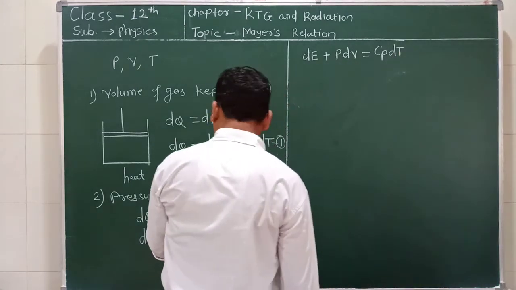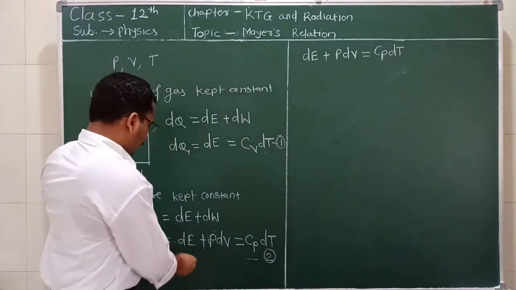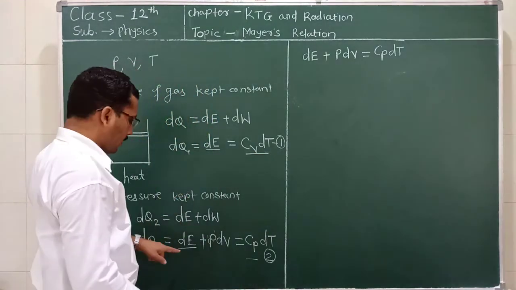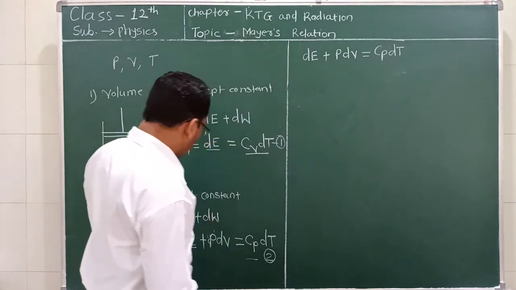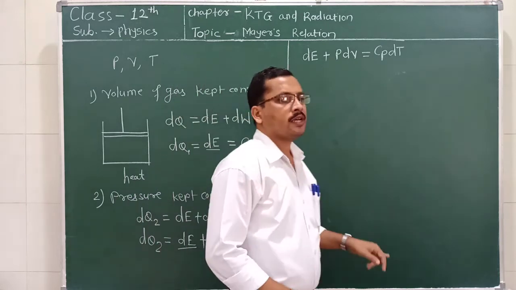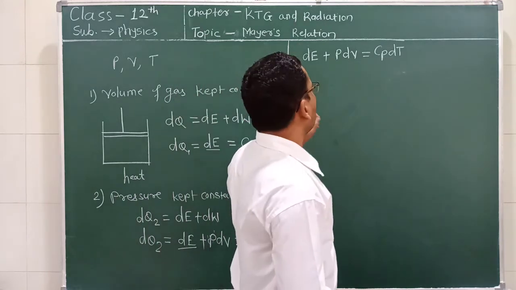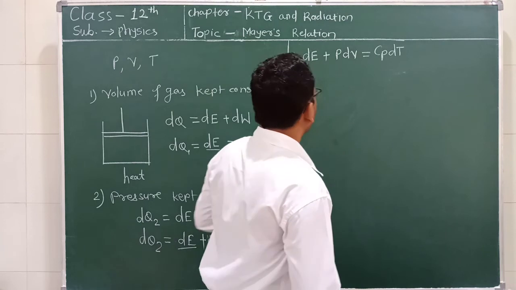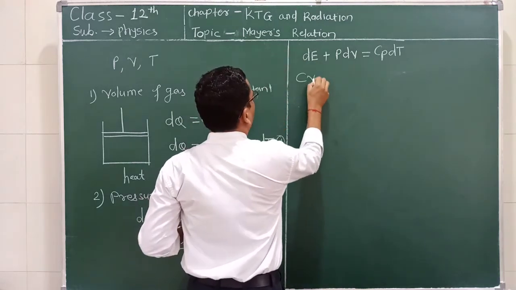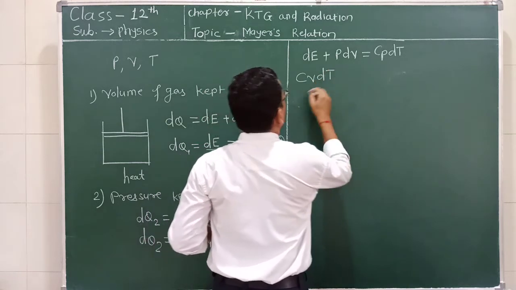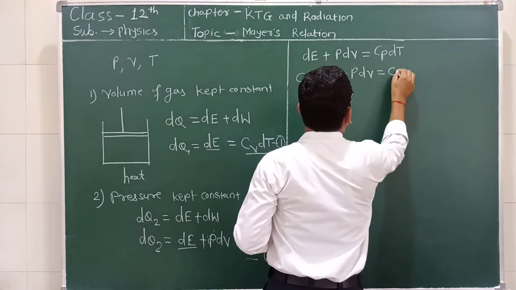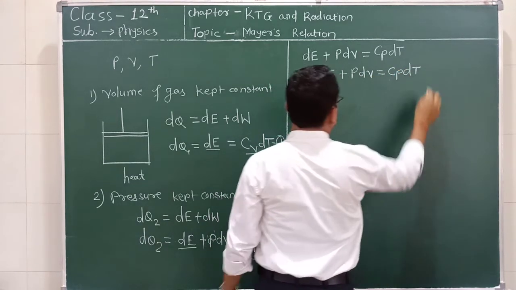Now we see that dE is equal to Cv multiplied by dt. Why is this value kept? We are keeping it in this equation because the internal energy of the gas depends upon the temperature. So we can write Cv multiplied by dt plus P into dV is equal to Cp into dt.